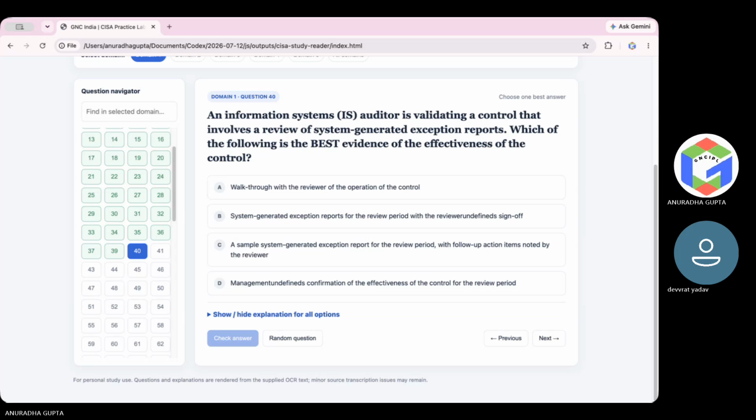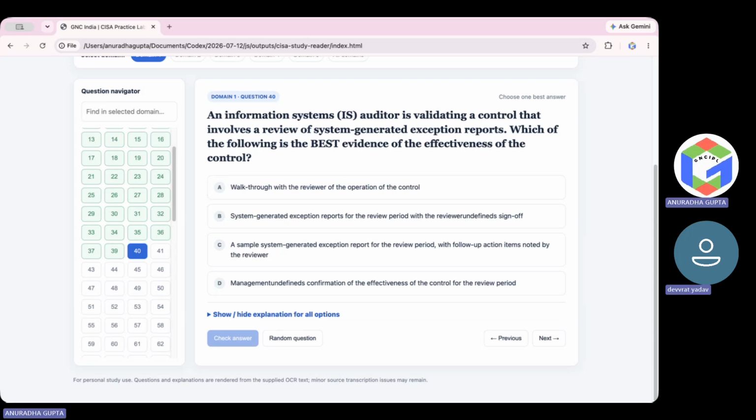So I think apart from the detailed job, C is the better option. System generated exception report for the review period with follow-up action items noted by the reviewer. And I also have option B, a system generated exception report for the review period with the reviewer sign off.